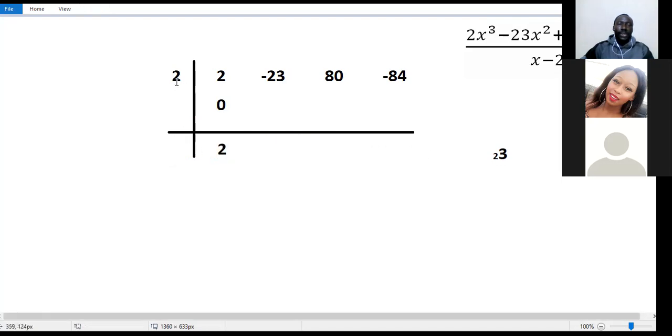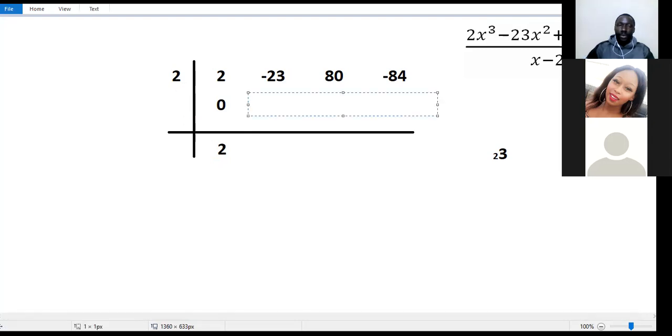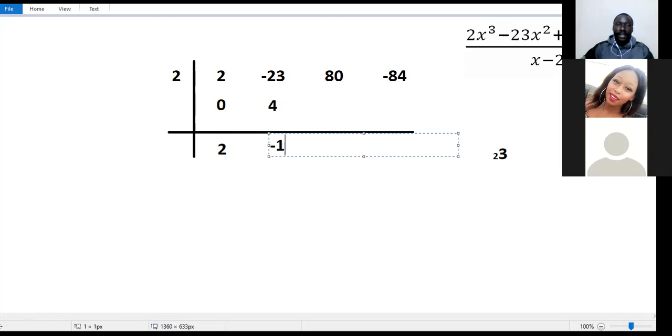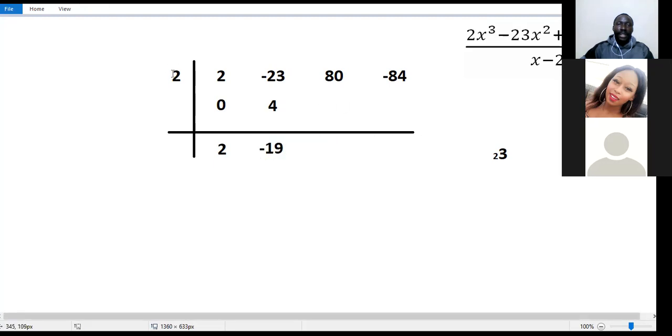Then we multiply this 2 by this 2 and we get 4. We put it right under 23. Then when we add negative 23 plus 4, what you get is negative 19. So we put it here, negative 19. After that, we multiply this 2 by this negative 19.